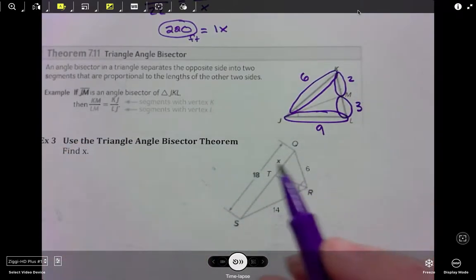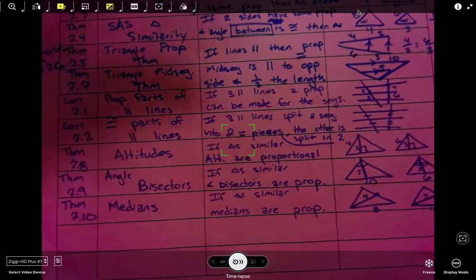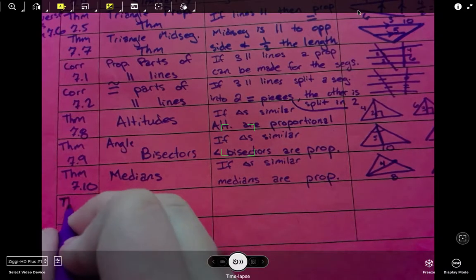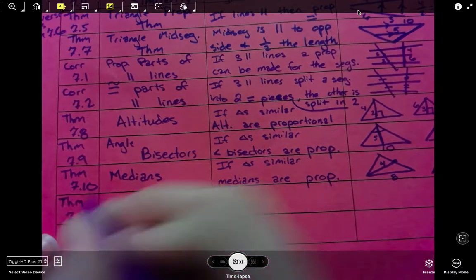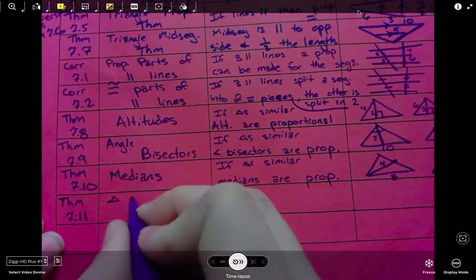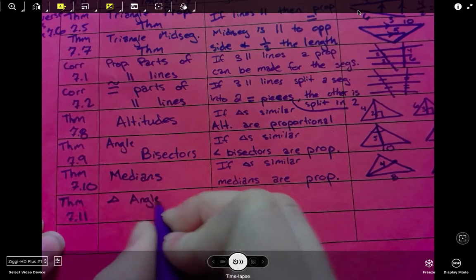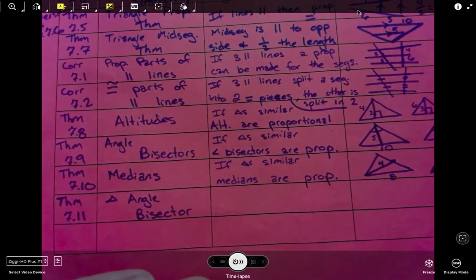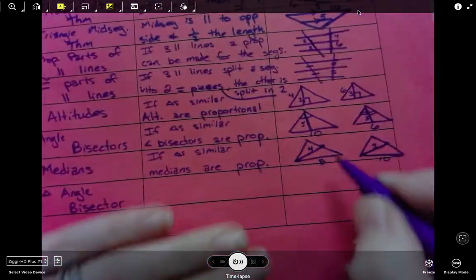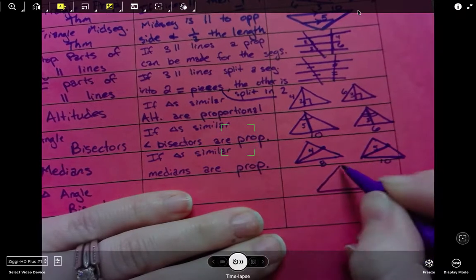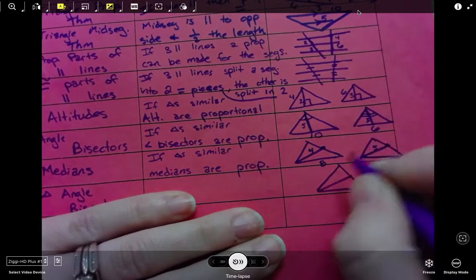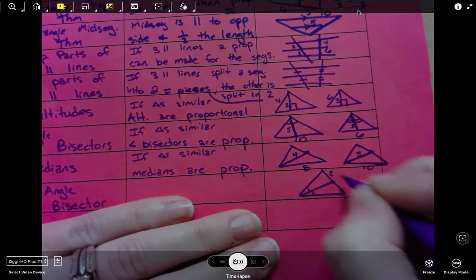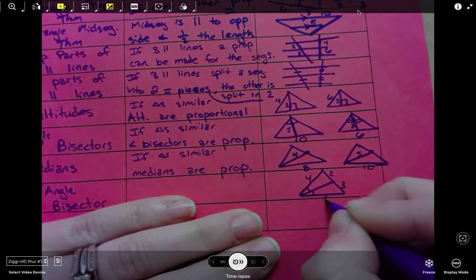Okay? All right, let's see if I can draw that on your theorem sheet here. This one is 7.11. Theorem 7.11. Triangle angle bisector. All right, and this one is saying, I have one triangle here. This is an angle bisector. If this is 2 and this is 3, this is 4 and this is 6.